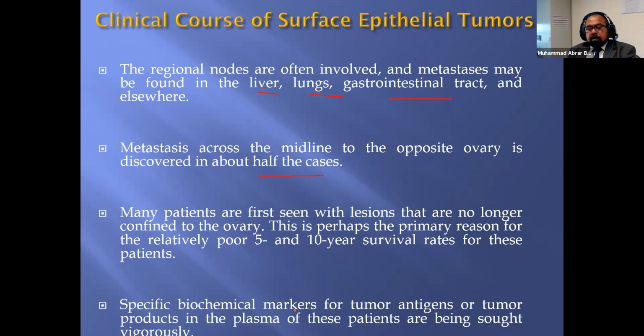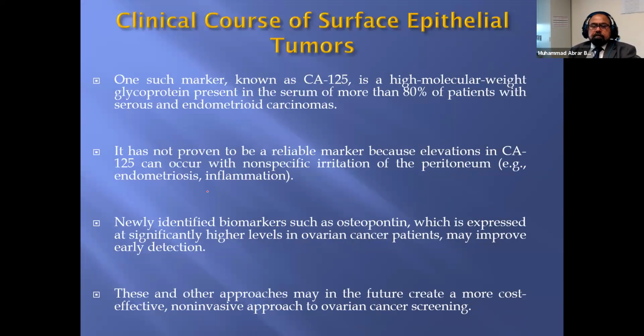Specific biochemical markers for the tumor antigen or a tumor product in the plasma of these patients are being sought. So as we see PSA in prostate to sort out prostate cancer, we are looking for an ovarian tumor marker. We have one marker which is CA125, a high molecular weight glycoprotein present in the serum of 80% of patients with a serous or endometrioid carcinoma.